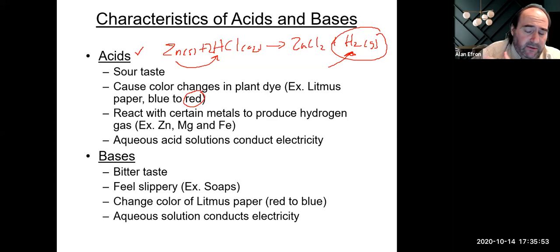When you use a piece of litmus paper, typically if that litmus paper turns blue, it is a basic solution. And just like acids, we could have some strong bases, and we could also have some weak bases, which are also electrolytes. Again, an electrolyte, as we talked about in the last chapter, is something that will produce some ions in solution. Those ions help complete the circuit and help conduct electricity.